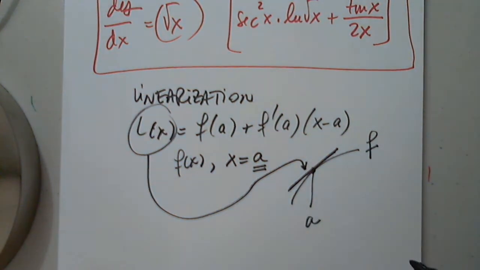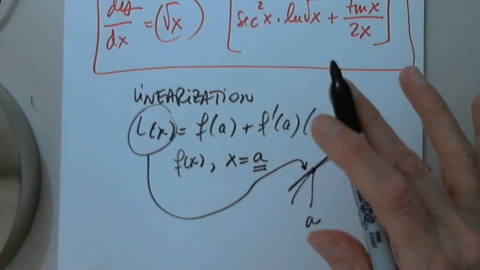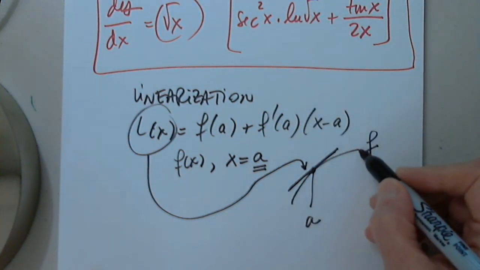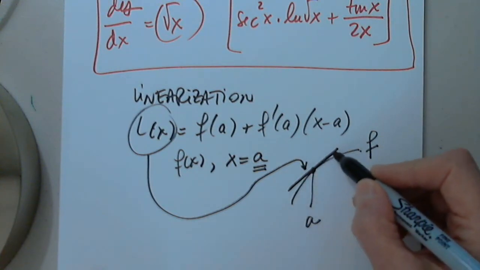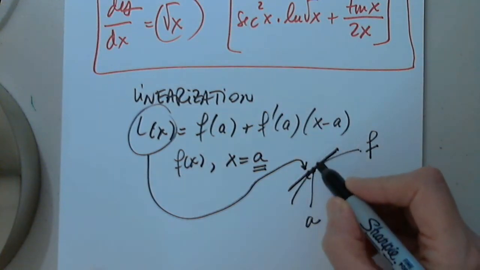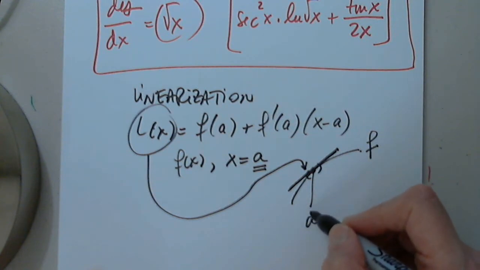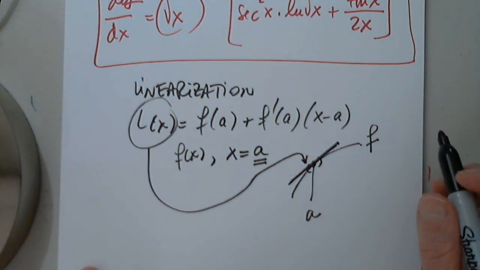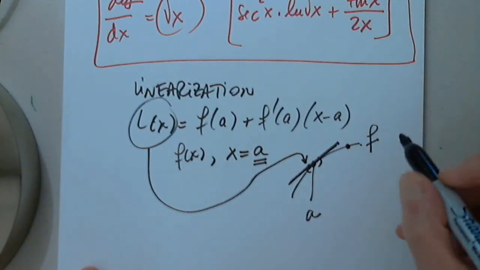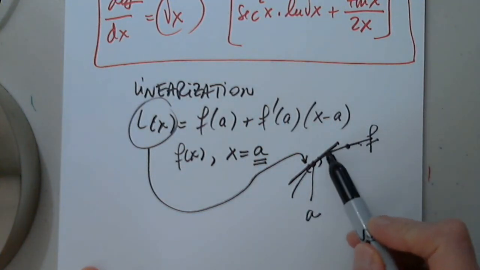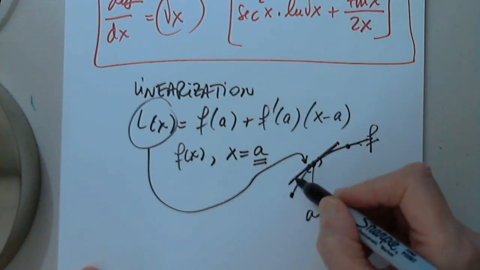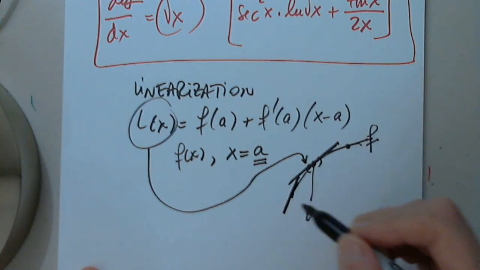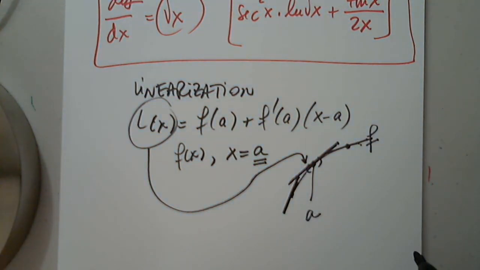It says that if you use the equation of the tangent line to approximate the function near a, you will not have a huge error. But if you want this point, then you have to find a different equation. That's all it says.